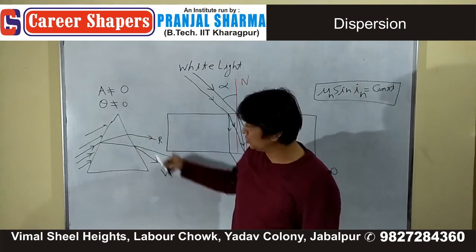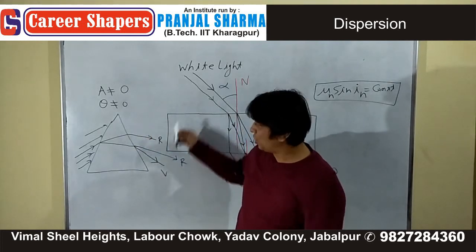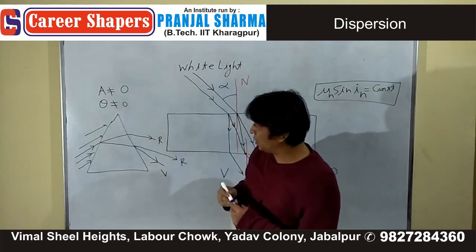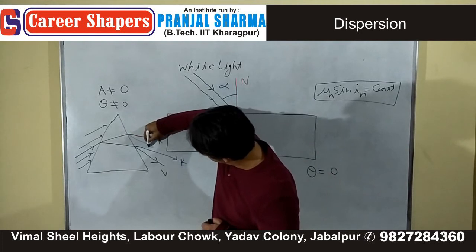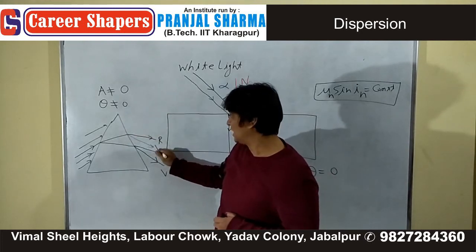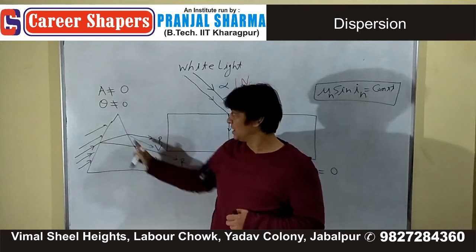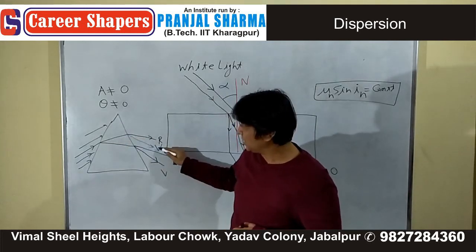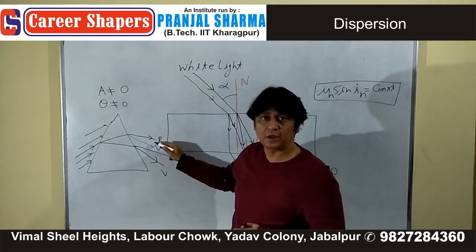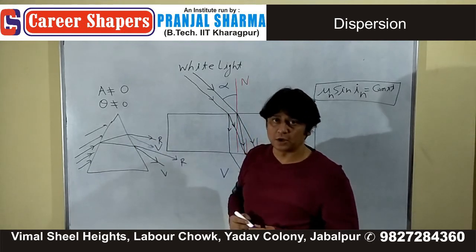But they are not parallel to the violet color. All the violets, they come out, you will find they all are parallel like this. This is violet color of some other ray. When it comes out from this point, R, V and all the colors in between, they are no longer parallel.